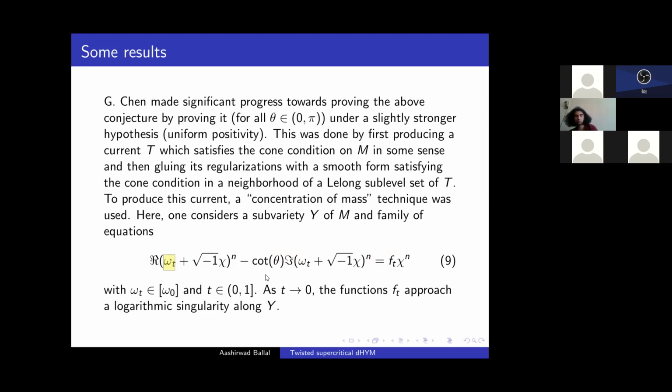You can't speak of the Cohen condition for currents directly, but if you can make it make sense, the weak limit of some subsequence of these solutions will be a current satisfying the Cohen condition, and its mass will be concentrated on the subvariety.